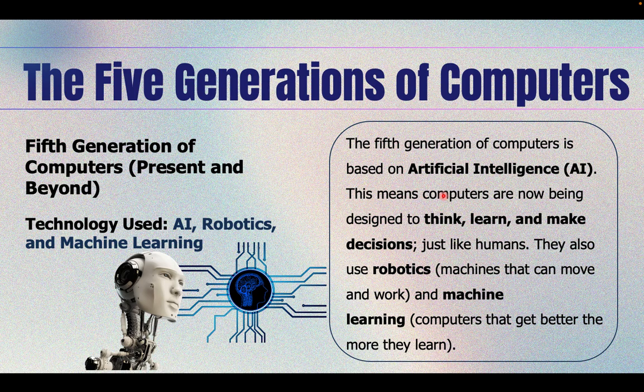When they are used in a particular environment, they learn the environment and adapt. That is machine learning. So if I use an application for a long time at a specific time, the computer actually learns how I use it and then adapts to the way I use it.